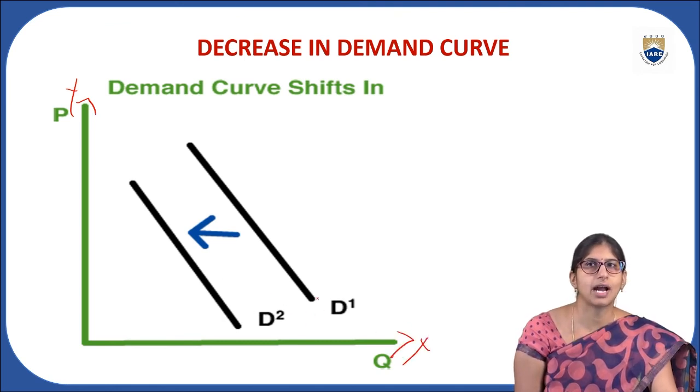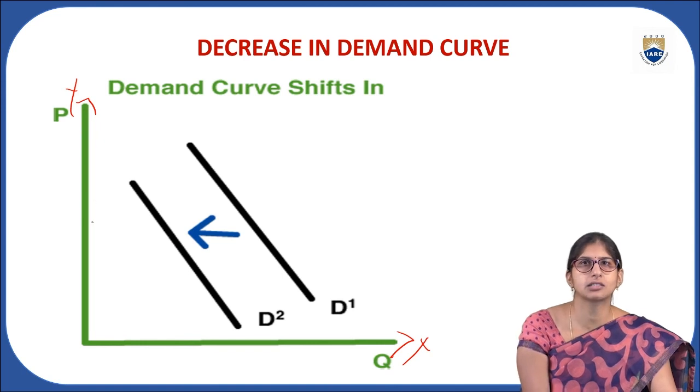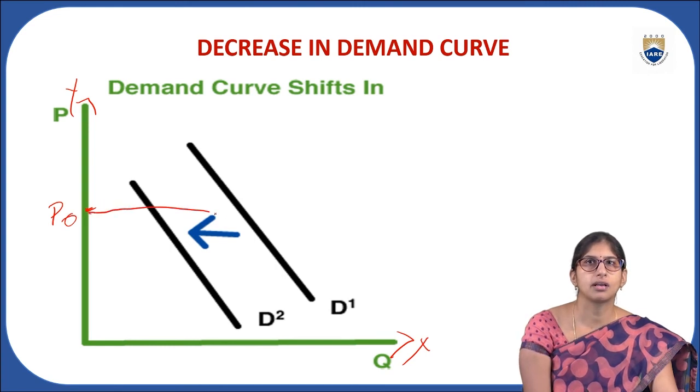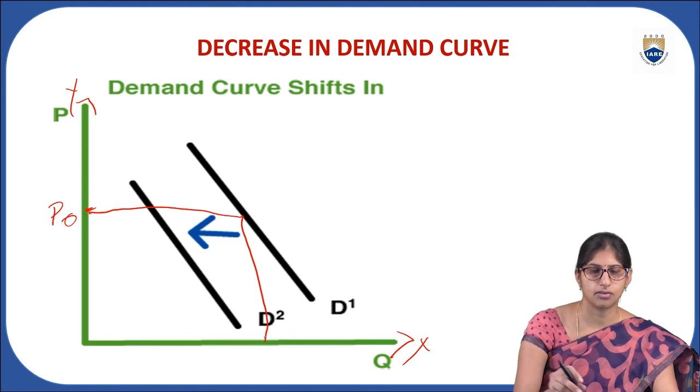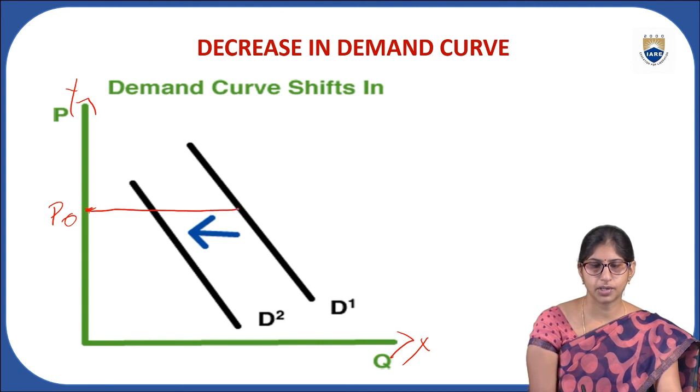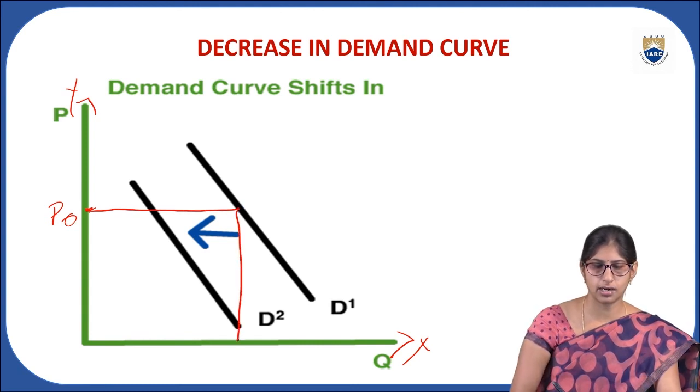Now when the price is P0, the quantity demanded is, I'll draw it again, price is P, quantity demanded is Q0. When the price is P but the quantity demanded is decreasing to Q1.